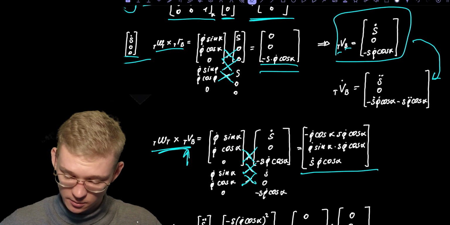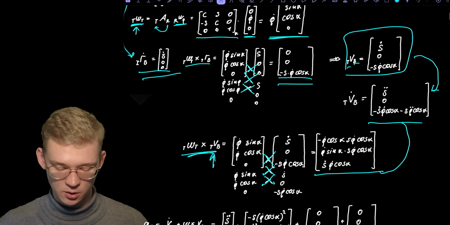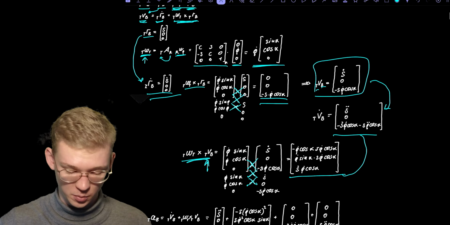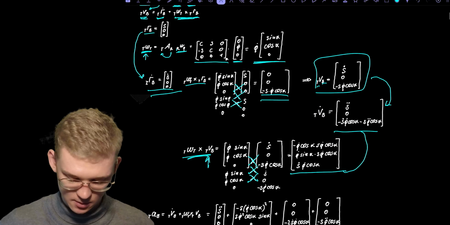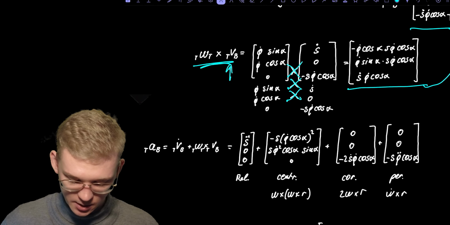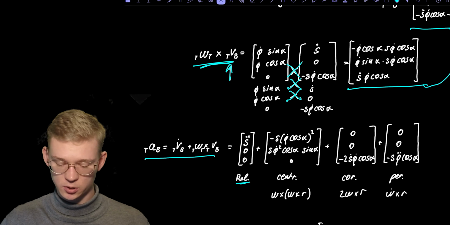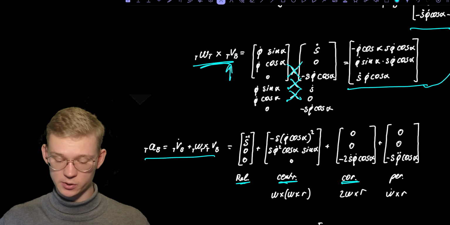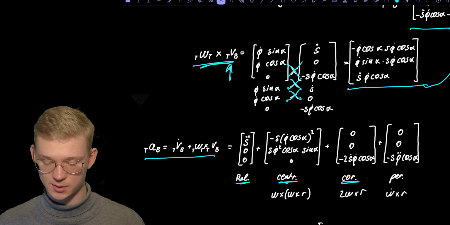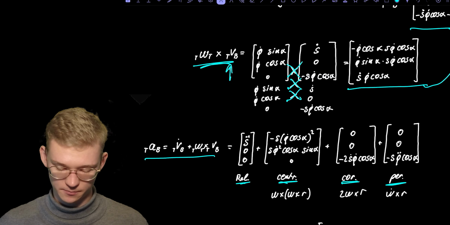Now we have to add this one, and we get the acceleration of body B, so our ball, in coordinate system t. And we can express that acceleration in the relative acceleration, the centripetal acceleration, the Coriolis acceleration, because our point is moving and thus experiencing acceleration, and the peripheral acceleration.